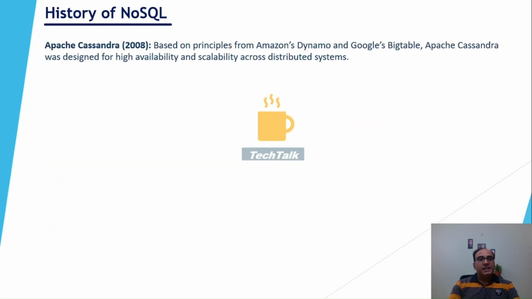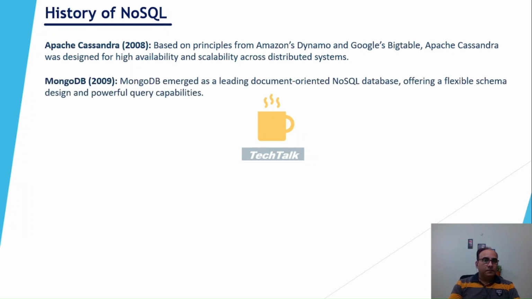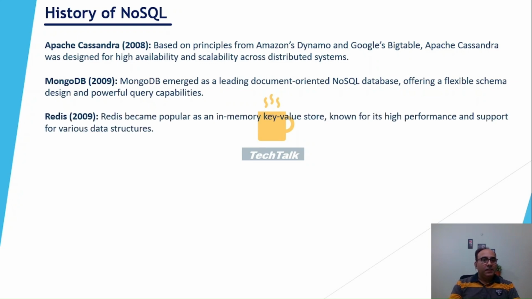Then Apache Cassandra. It came in 2008. It follows the principles of Amazon Dynamo and Google's Bigtable. Then the very famous one, MongoDB. It came in 2009. It is used to store document-oriented data like your PDFs and images. Then we have Redis. It came in 2009.